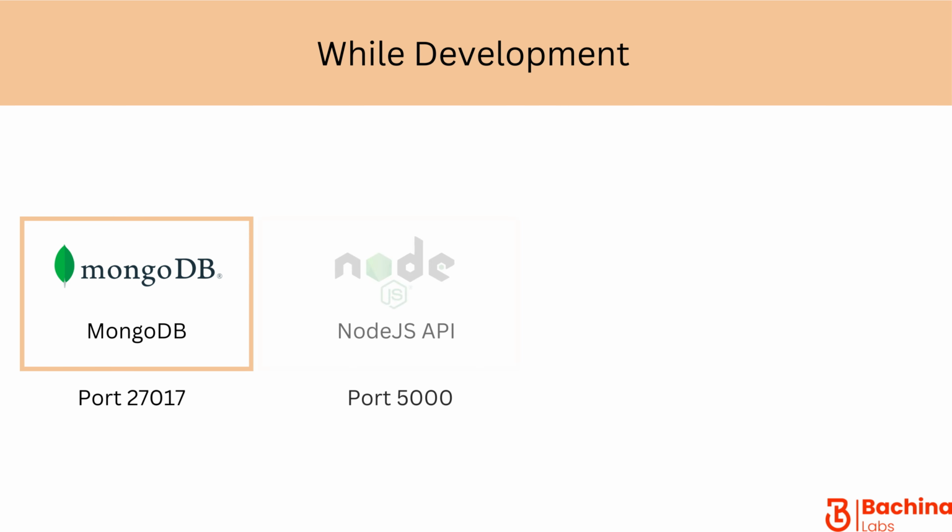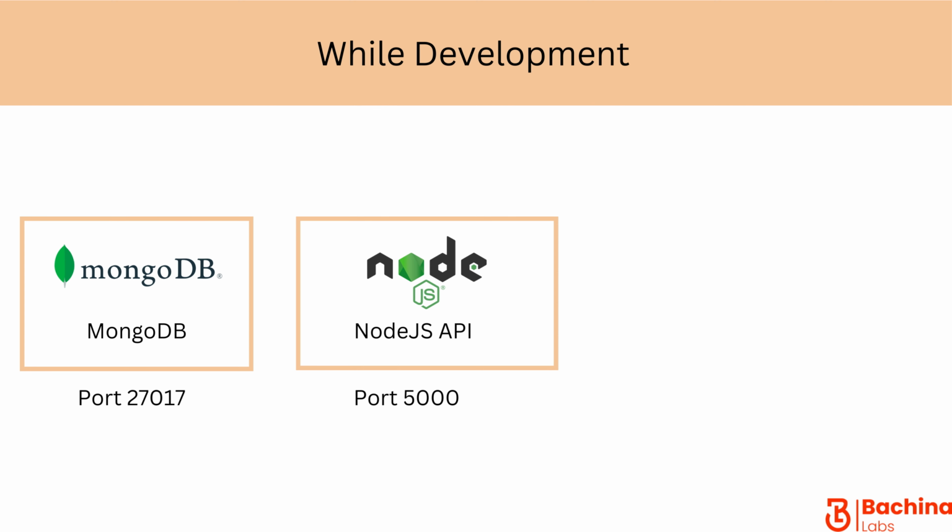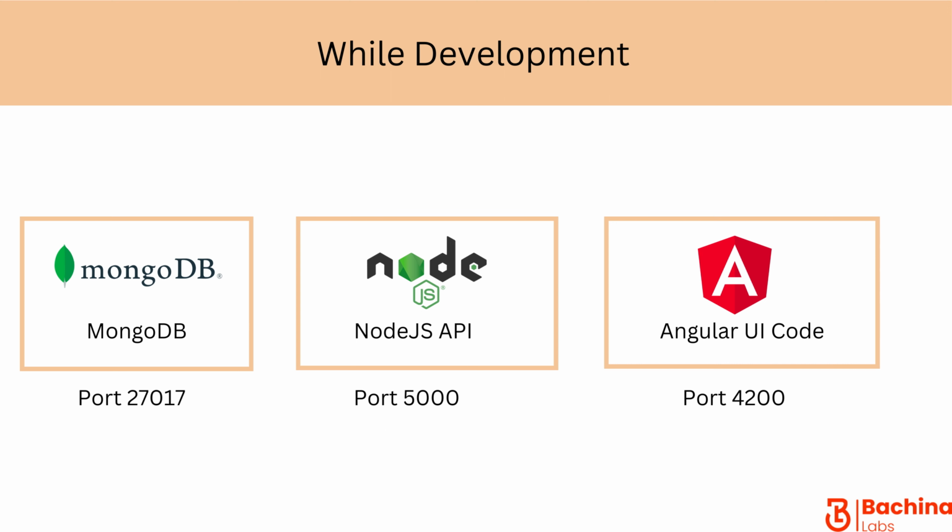So you have to build your API and run this API on any port, let's say port 5000, and then you need to build your Angular application on port 4200. And now all these are running on different ports. MongoDB is running on 27017, the Node.js API is running on port 5000, and the Angular application is running on 4200.